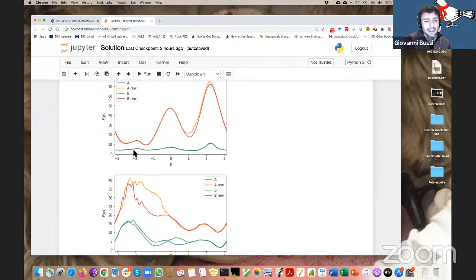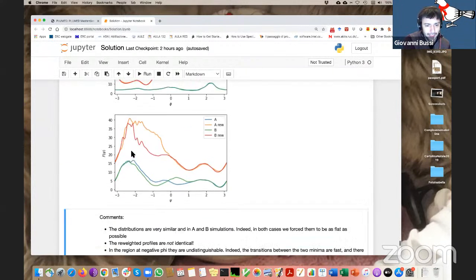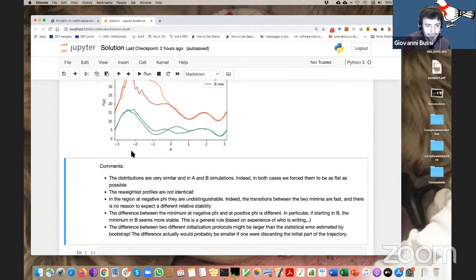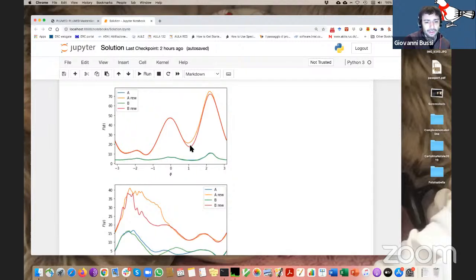Okay, so let's comment a bit more about this. Let's see which notes I took here. The first interesting thing is that this is the not reweighted free energy, so this is basically just the logarithm of the histogram. You see they are virtually the same.